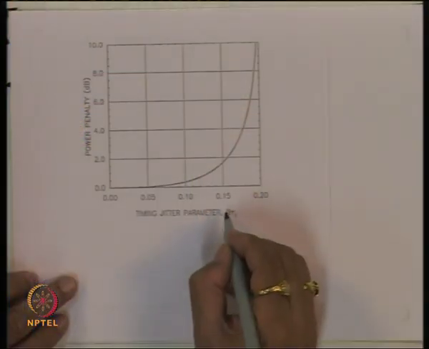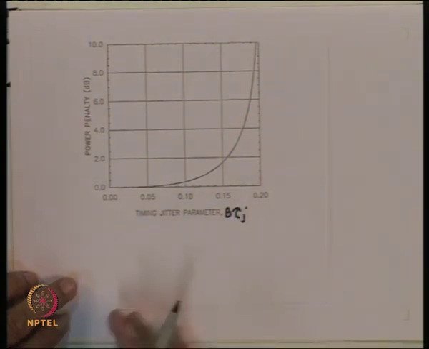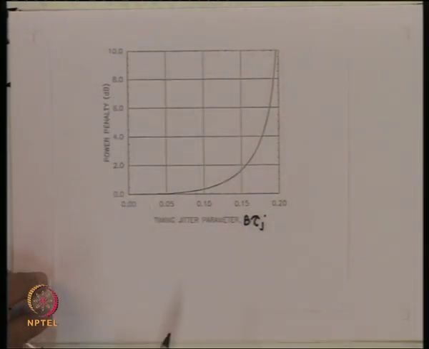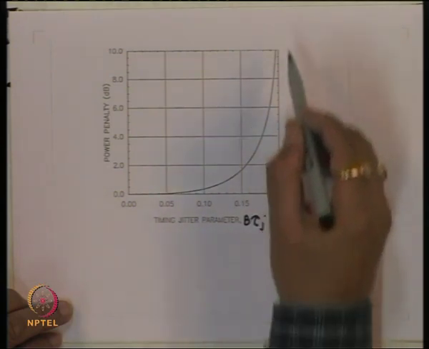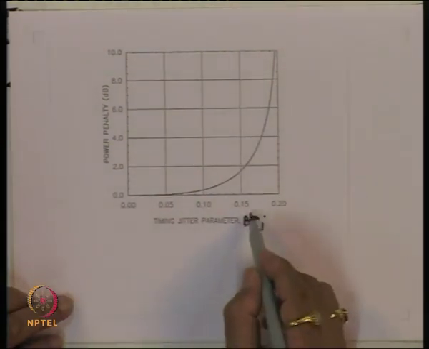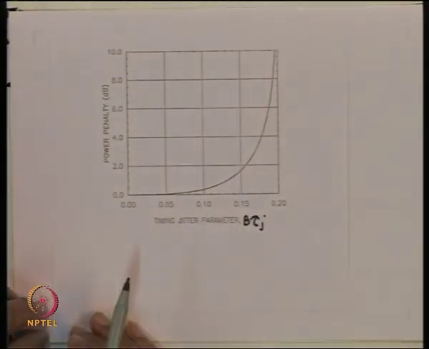If you take 10 log of that, that will give me the corresponding power penalty. So, if you plot this function as a function of the timing jitter, or this product b into tau j, we have a corresponding power penalty which is plotted here. Again, we see here the power penalty increases very rapidly, and by the time we have this product about 0.2, the power penalty practically becomes infinity.